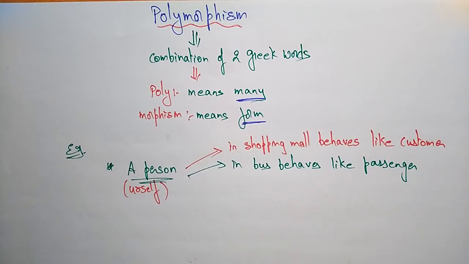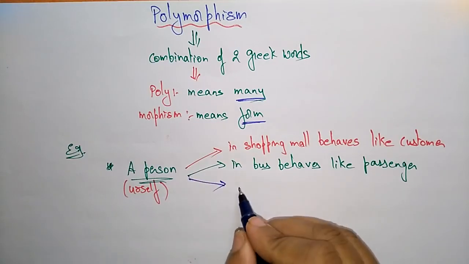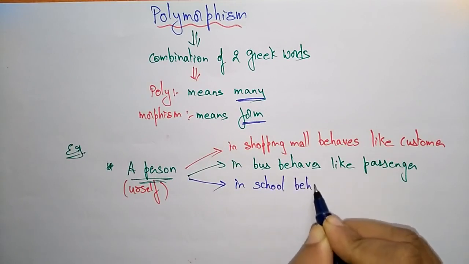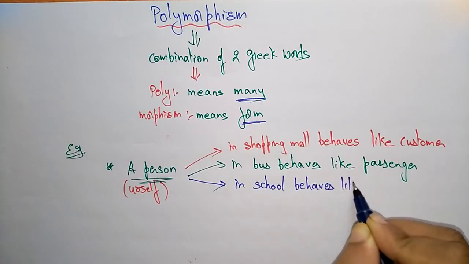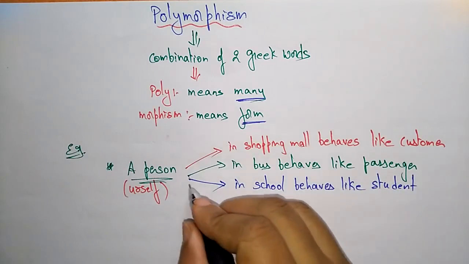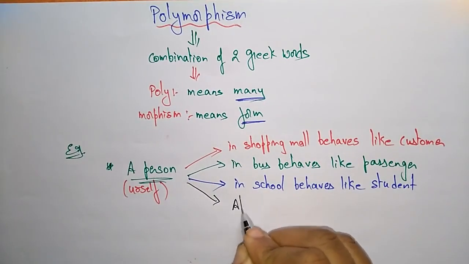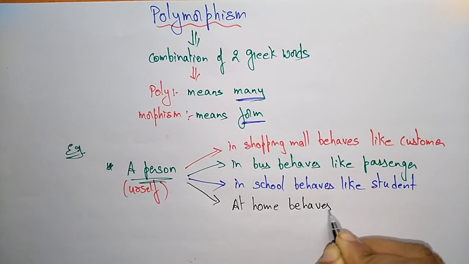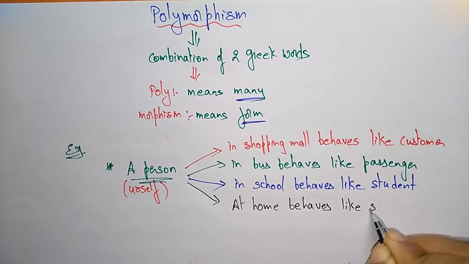Okay. Suppose you are at school, you behave like a student. Suppose you are at home, you behave like a son or daughter.